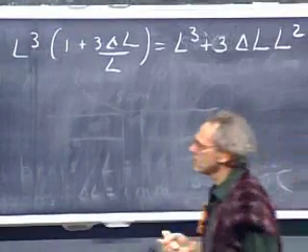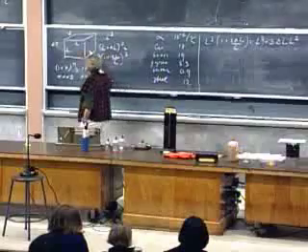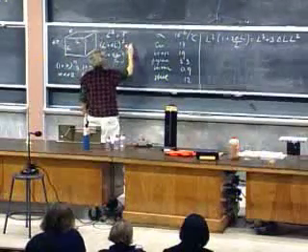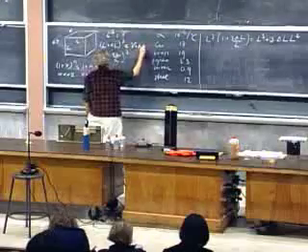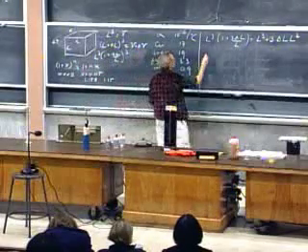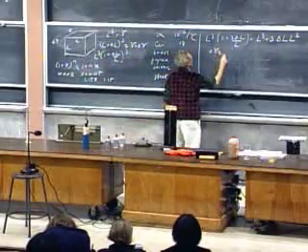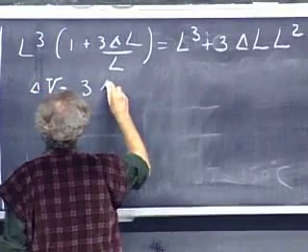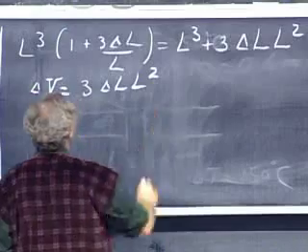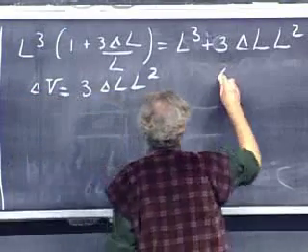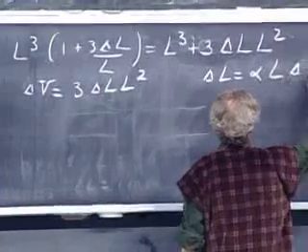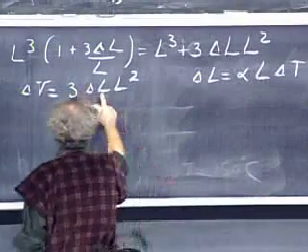So the difference in terms of delta V, the old volume was this, and this volume is V plus delta V. So delta V is the difference between the two, is 3 delta L, L squared. But I know that delta L equals alpha times L times delta T. And so I can substitute that in here.